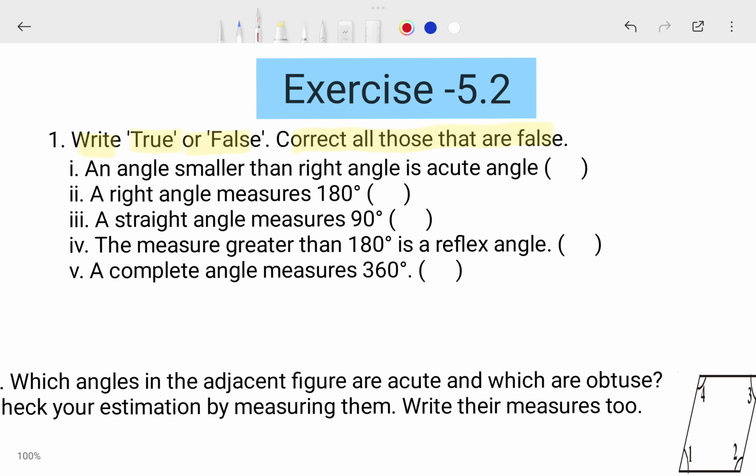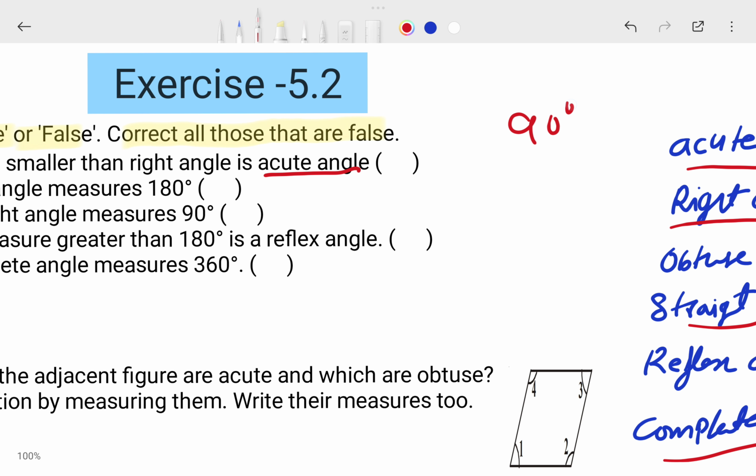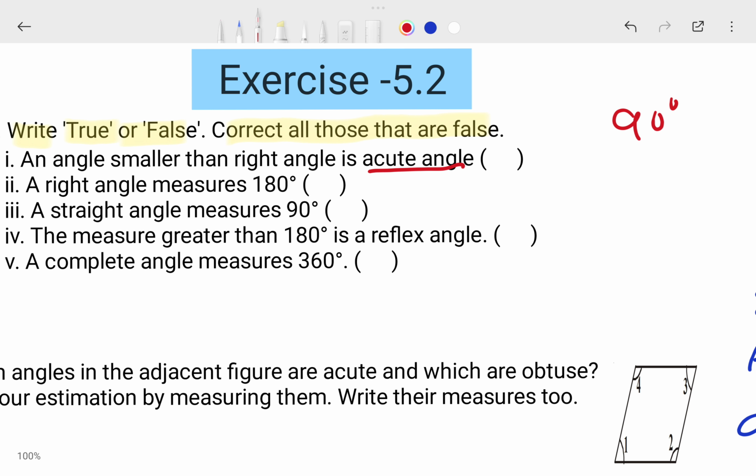Right. So here the first statement is: an angle smaller than a right angle is an acute angle. A right angle is 90 degrees. So this question says an angle is smaller than the right angle. So this is a right angle, and one angle is there which is smaller than the right angle.